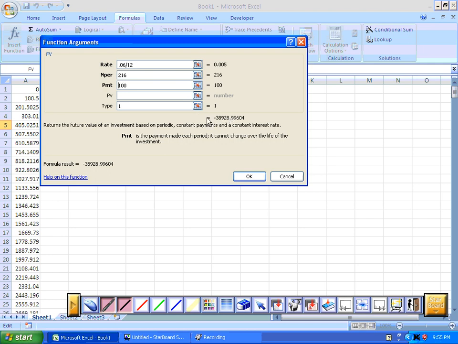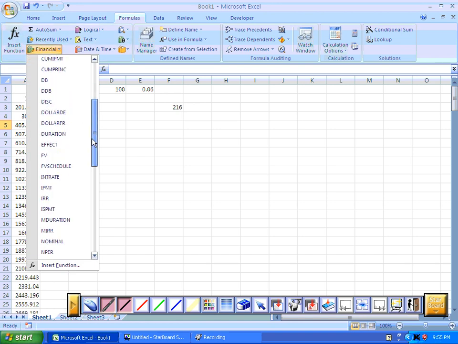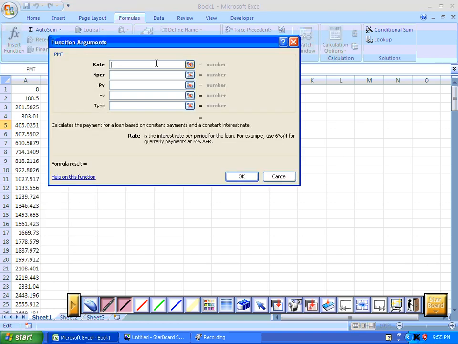Not a huge deal. Now, they want to know, how could I make this happen if I wanted it to be equal to 50,000? So what you do here, if you go to payment, PMT, again our rate is 0.06 divided by 12. Number of payments, again, we said 216, that's for 18 years.